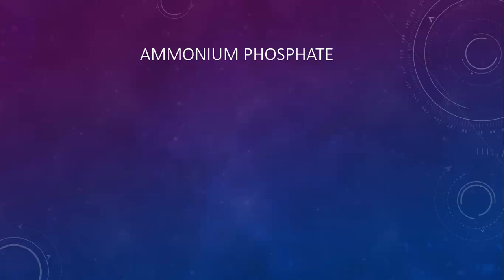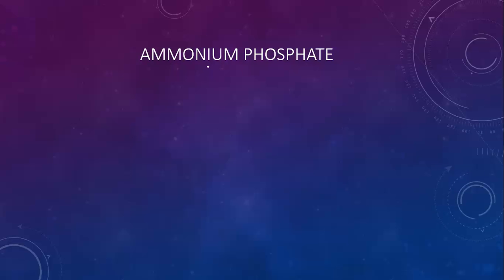Ammonium phosphate. Remember, with all of these, you could stop the video, try it by yourself, and then check your work when you turn on the video again. All right, ammonium. Now you can look high and low for ammonium on the periodic table.